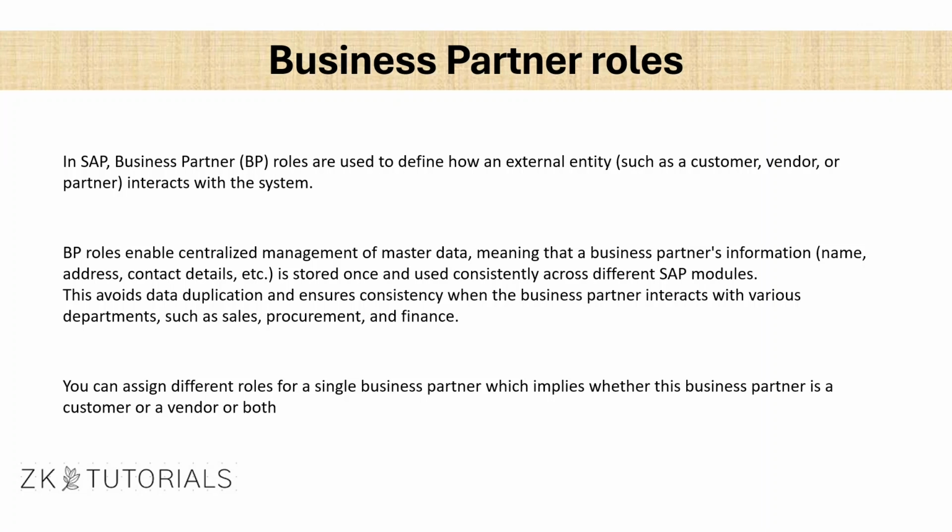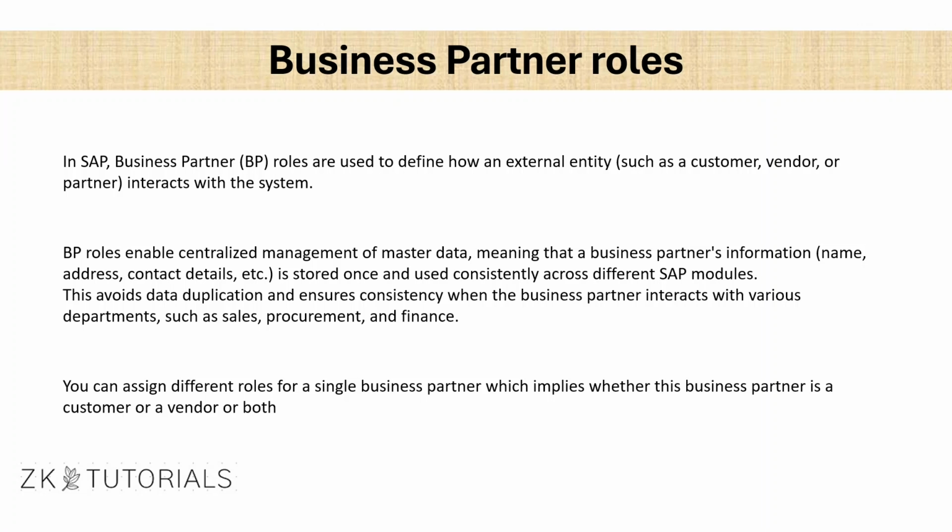Sorry, Tata is a supplier, so we will extend that role to supplier. And we are selling goods to Asian Paints. In this case, we'll create a business partner role for Asian Paints, and we'll extend that business partner role to customer role.